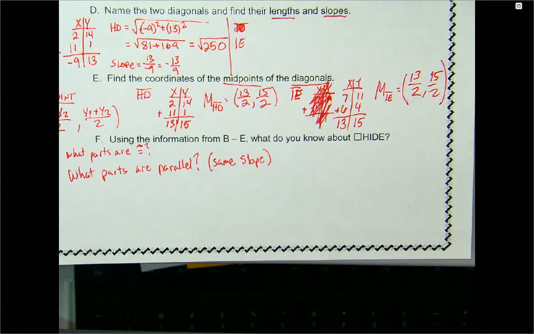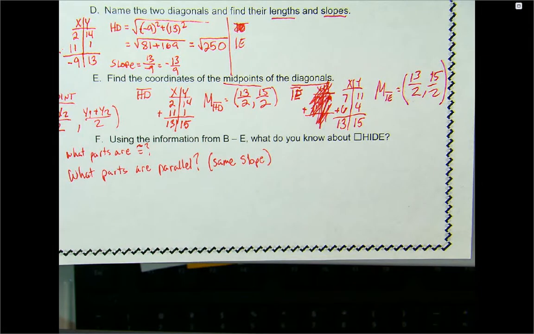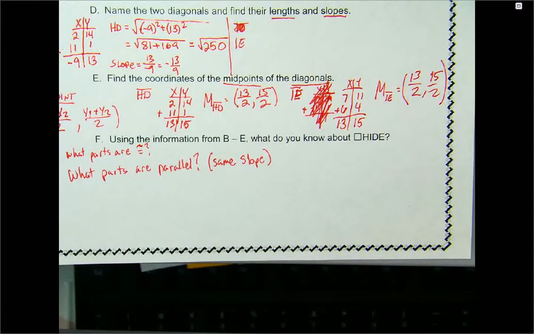Now your job tonight, or the rest of the time today and tonight, is to, you got 6 shapes. Start hammering this stuff out. You guys can work together on this.